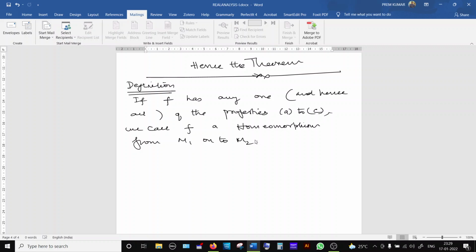So if there exists a function between M1 and M2 which satisfies the conditions A to C, then the function is called a homeomorphism.